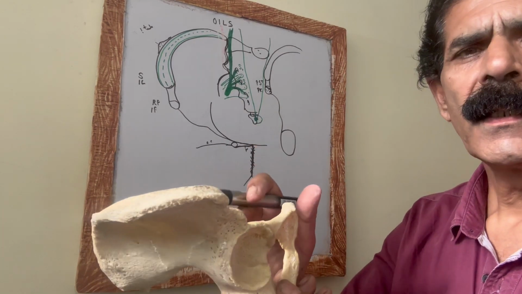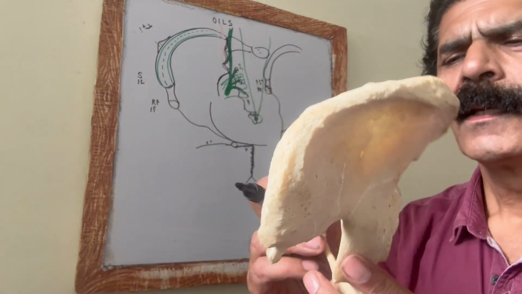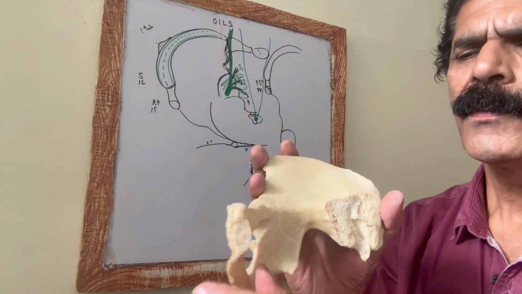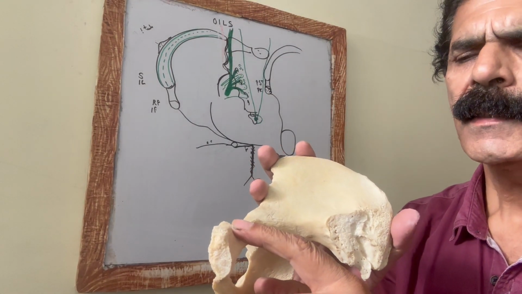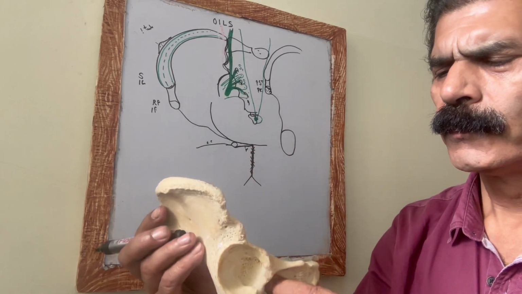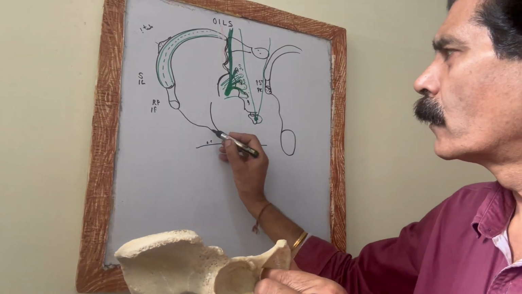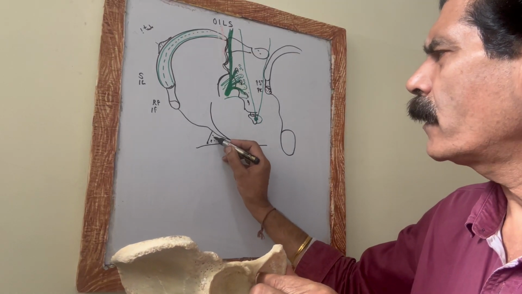Below this is the true pelvis, and above is the false pelvis. This arcuate line is contributed by the pubic crest and the superior ramus of the pubic bone. And this triangular portion between the two is called the pecten pubis.